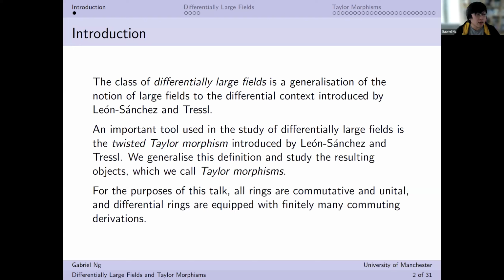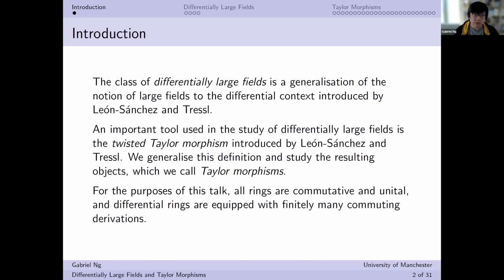And this is an object which we can use to construct differential ring homomorphisms from non-differential ring homomorphisms in a uniform way, which allows you to preserve the differential structure in some sense. We'll see the definition in a minute. And essentially use this to show certain equivalences between existential closure properties and existence of points and things.